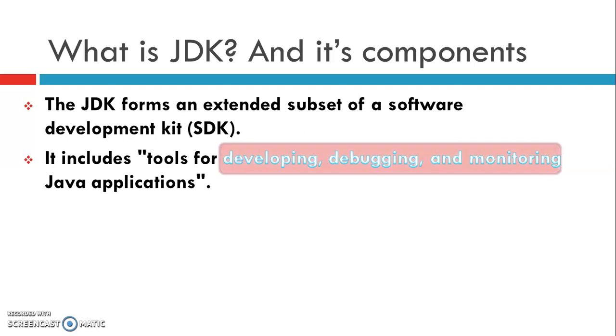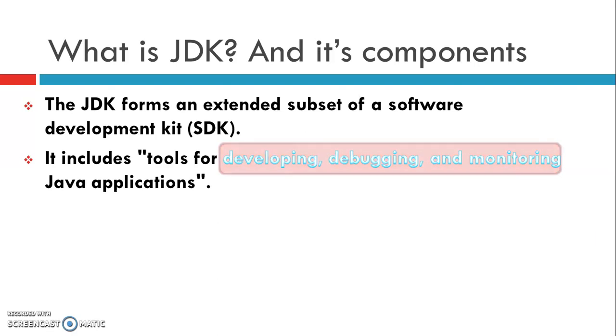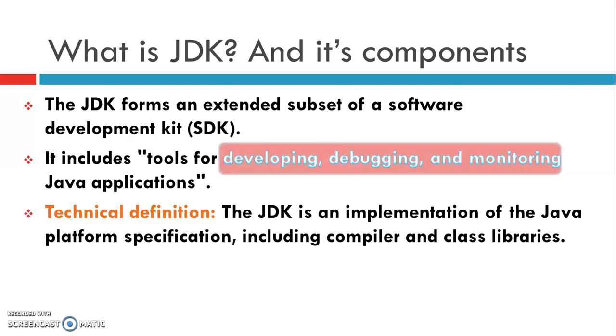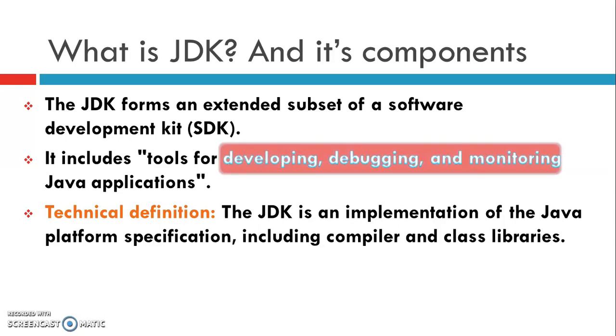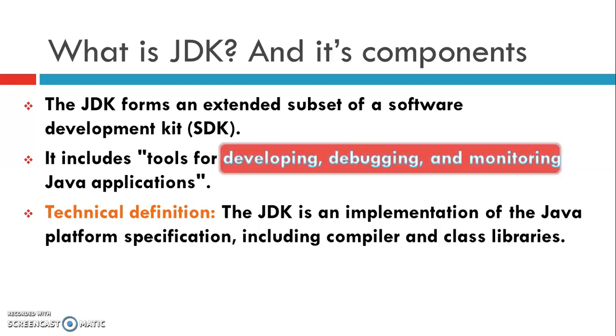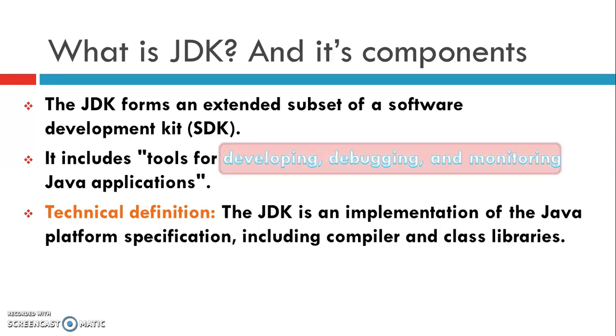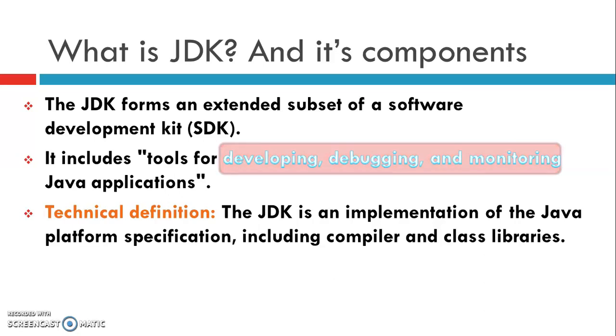The first is a technical definition: the JDK is an implementation of the Java platform specification, including the compiler and class libraries.